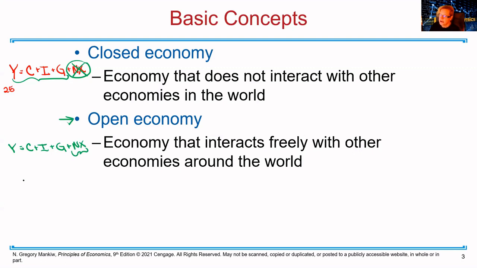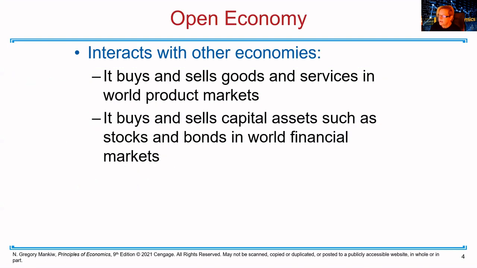Remember, net exports is equal to what we export, or sell to other countries, subtracting what we import from other countries. So we do interact with other economies throughout the world. Again, we buy and sell goods and services, and I have some breakdowns of that for the United States. And we buy and sell stocks and bonds.